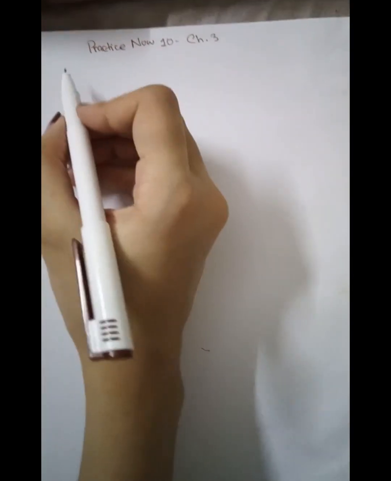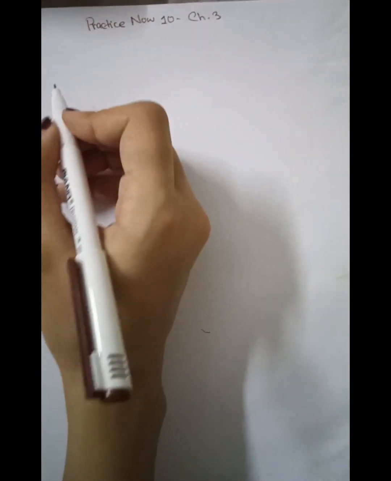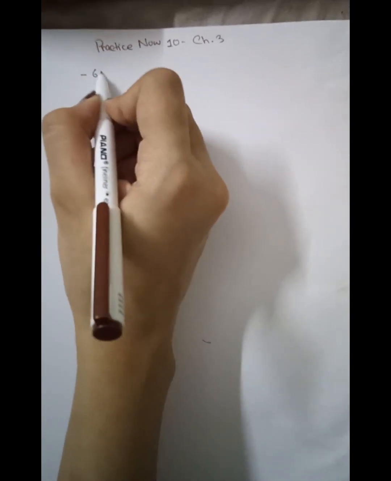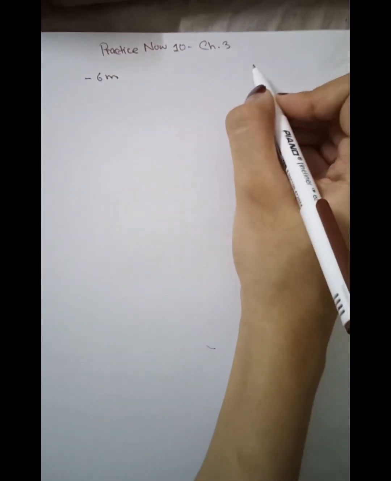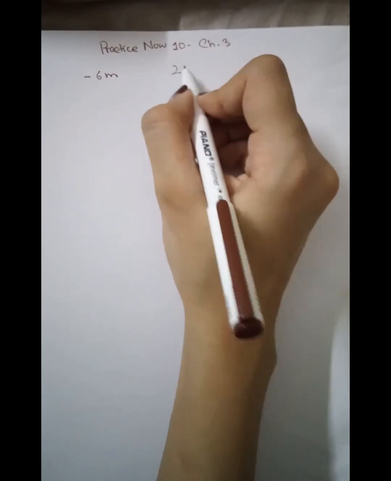Pretty simple. Let me just note down all the values. Right, so I have 6 meters and then I have 25 meters. Now all of these values have been corrected to the nearest meter.